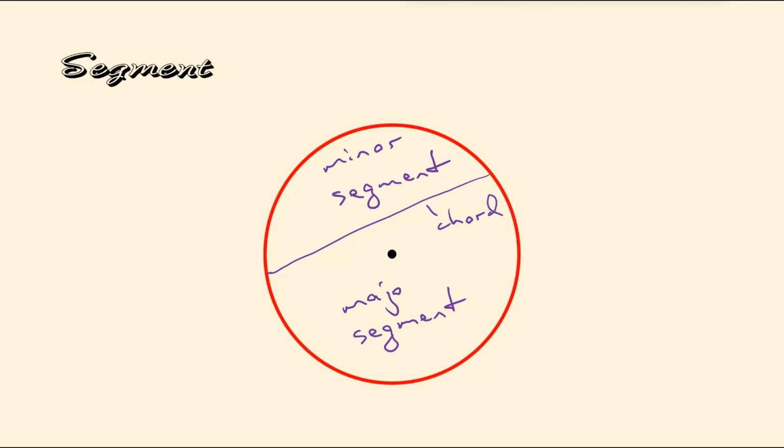When you draw a chord to make a segment, you're actually making 2 segments, aren't you? It's the region of a circle between a chord and the edge of the circle. So we have 2 segments there, a minor segment and a major segment.